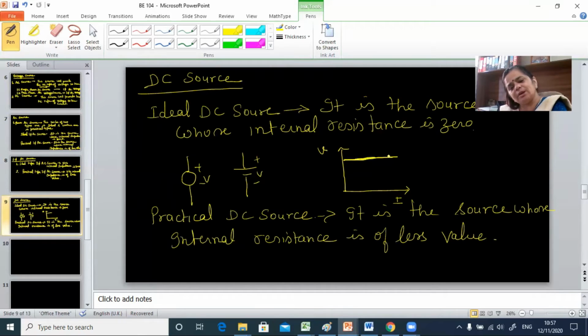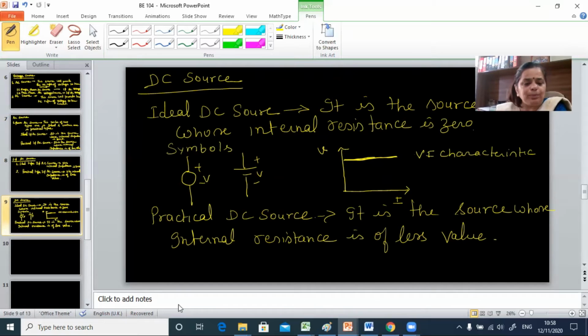So if circuit parameters change, the current will change. That means irrespective of change in current, it will provide constant voltage. So what is this? This is the VI characteristic of an ideal voltage source. And these two are the symbols.